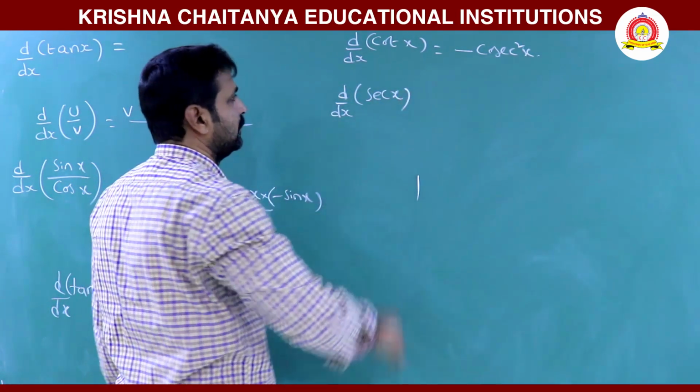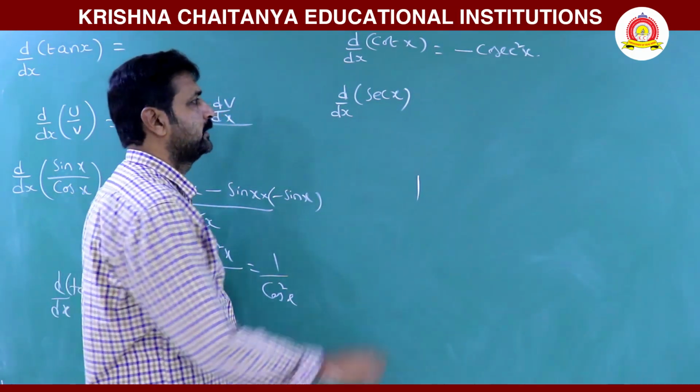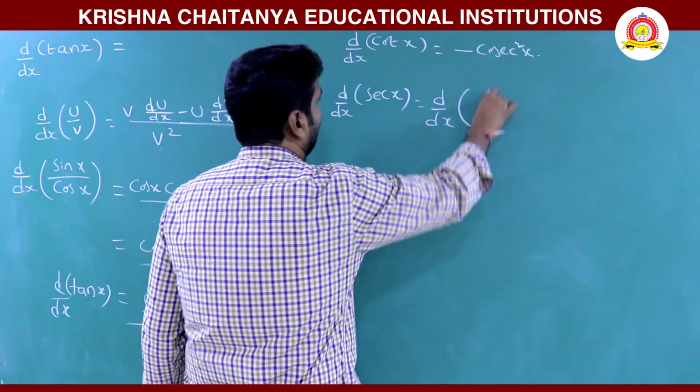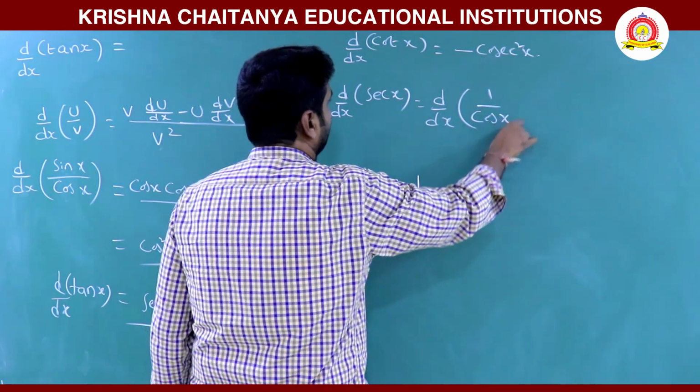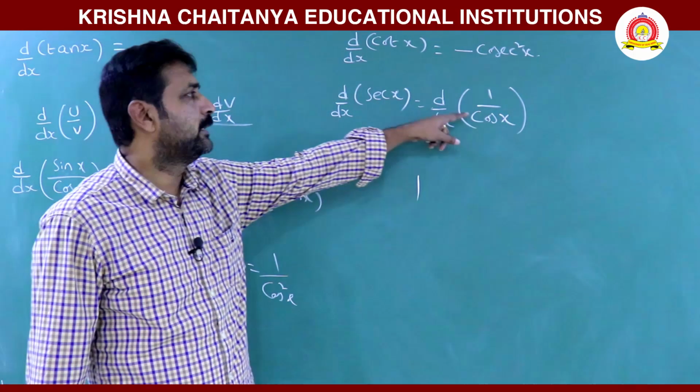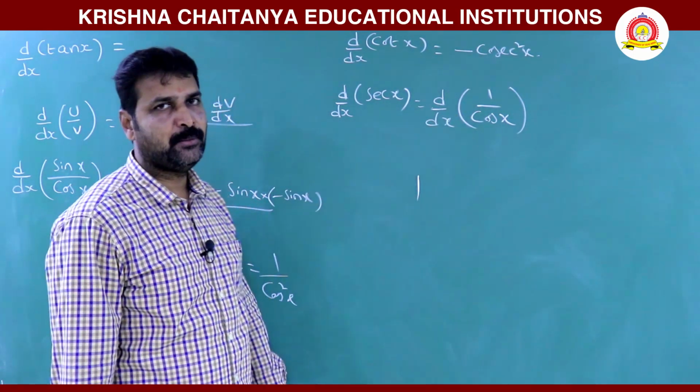Now d by dx of secant x. Secant x can be written as the reciprocal of cos x, that is 1 by cos x.